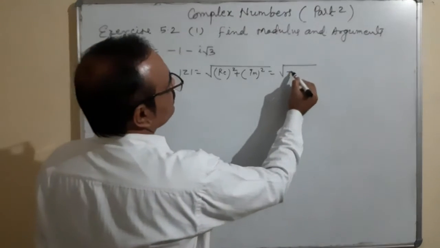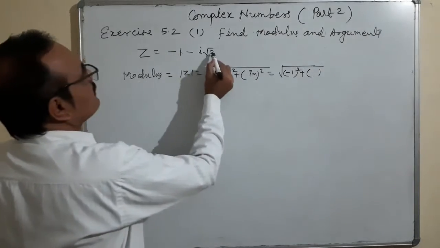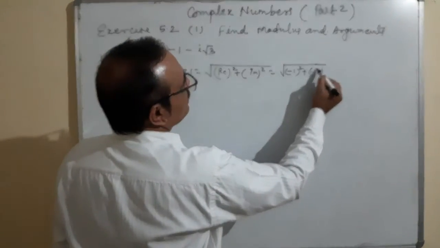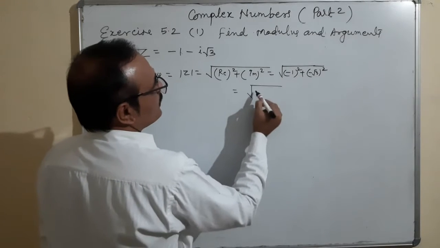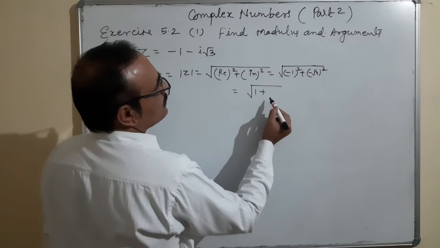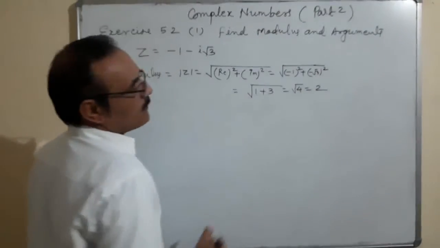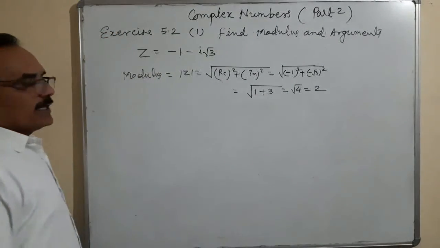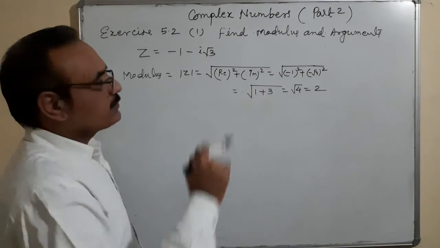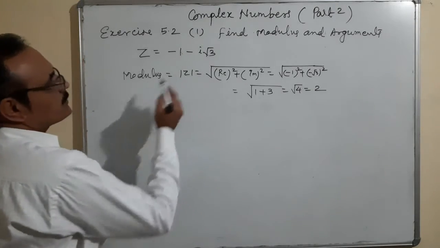Minus 1, plus square of imaginary part, minus root 3. What is the result? Minus 1 squared is 1, square of root 3 is 3, so under root 4, and that means it is plus 2. Modulus is plus 2 because it is the length, or distance, from origin to the point z.